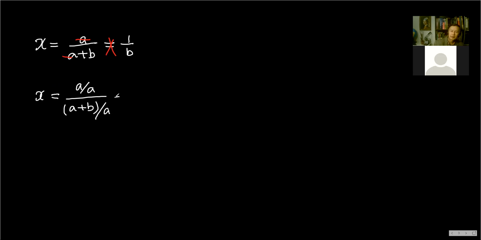So in this way, you got a, but you still have to finish this fraction, a plus b. Now, can you tell me how to simplify this fraction? It equals 1 plus b over a. You can write the result.